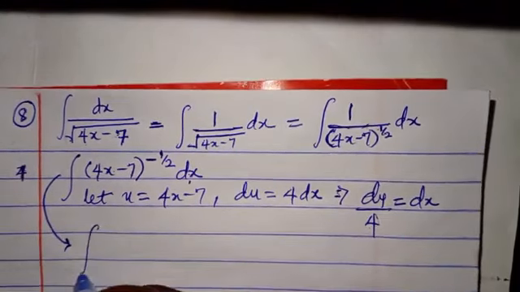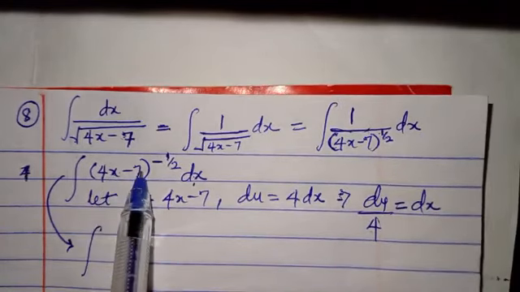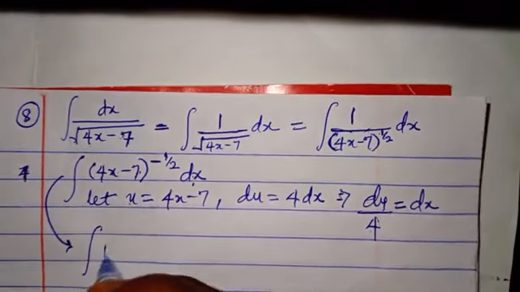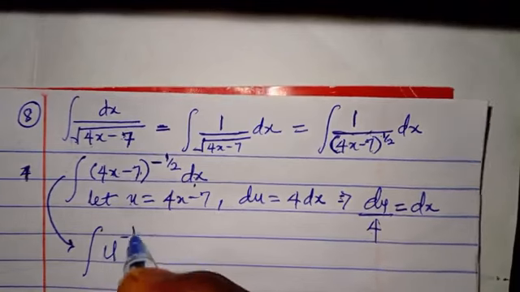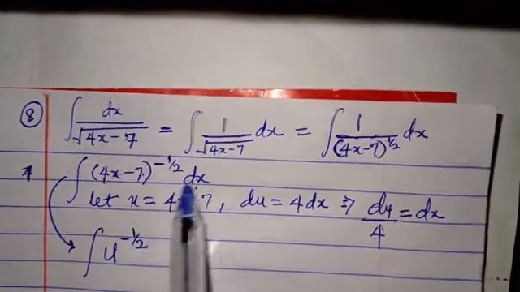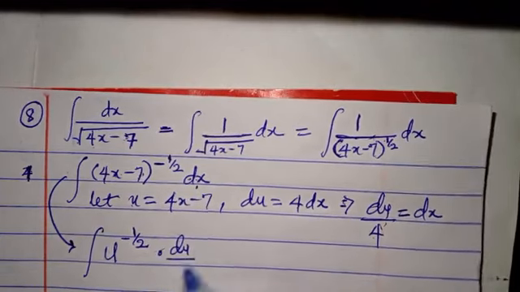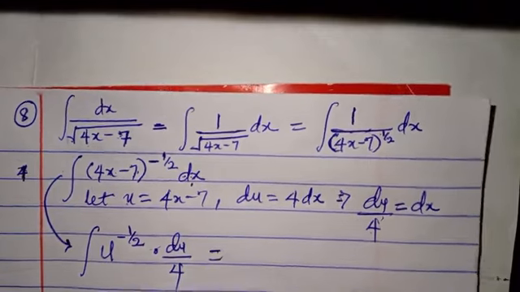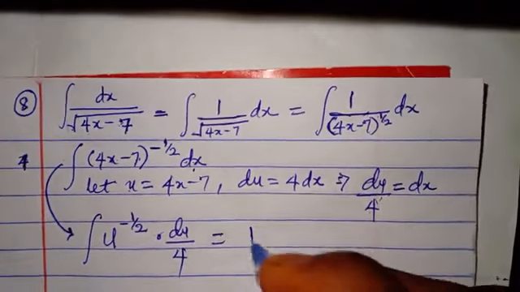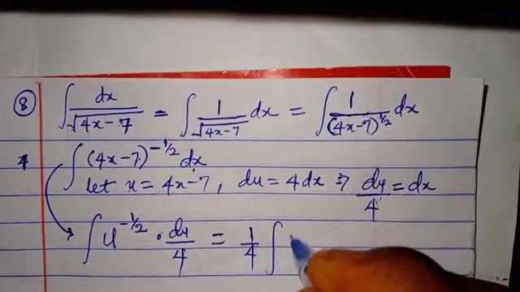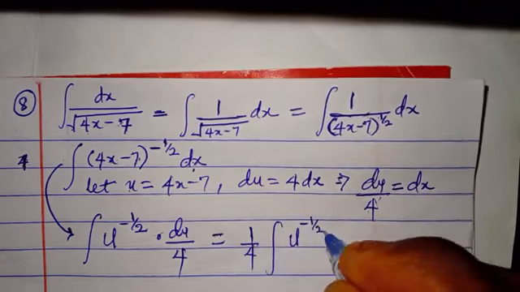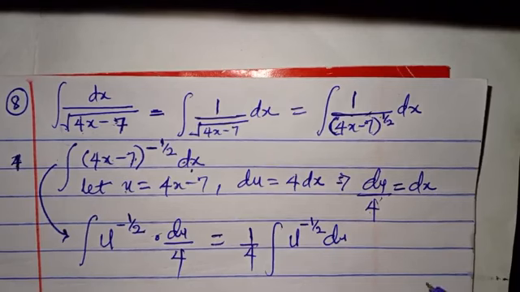The integral of 4x minus 7 is u to the power of minus 1 over 2, and dx is du over 4. So if 1 over 4 comes out, we have 1 over 4 times the integral of u to the power of minus 1 over 2 du.